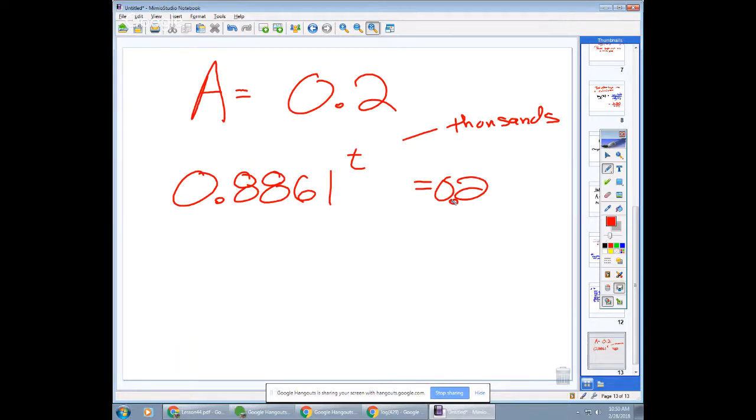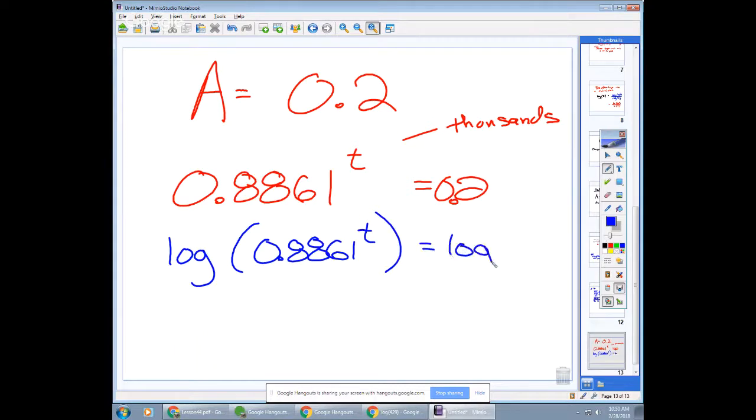Logs, yeah. So the way the previous worksheet showed was to take the log of each side. And then the trick from there is we have a special rule that says what you get to do with powers when they're inside of a log. You get to pull them out.